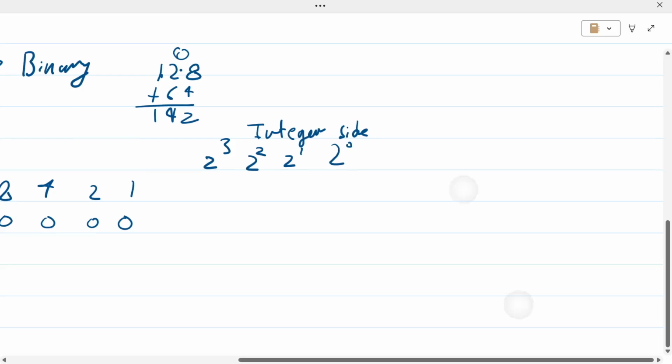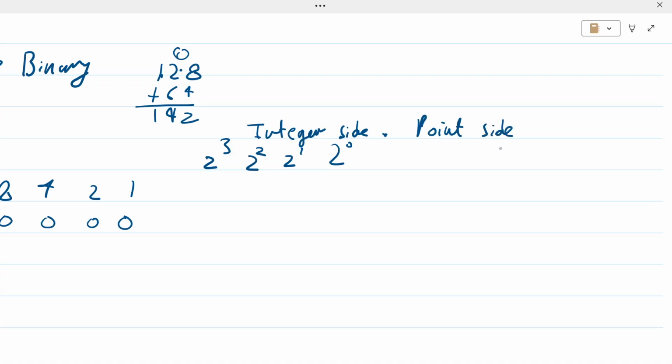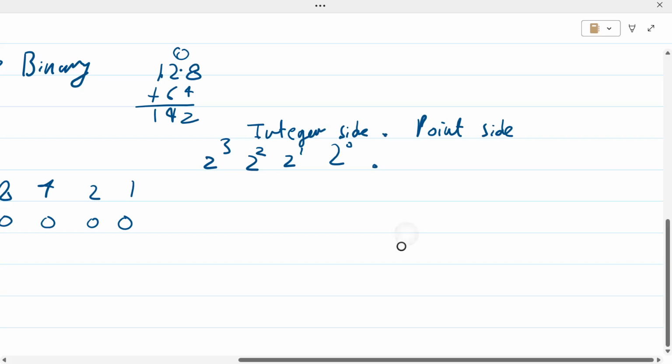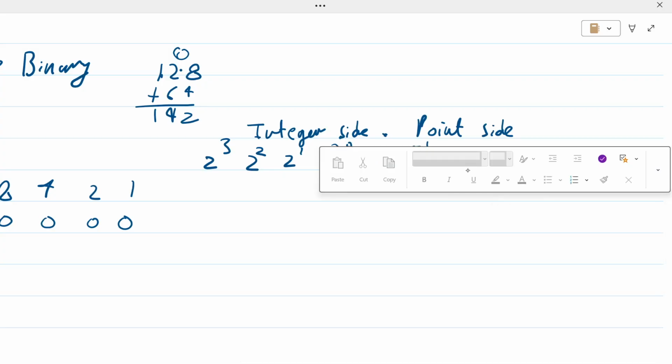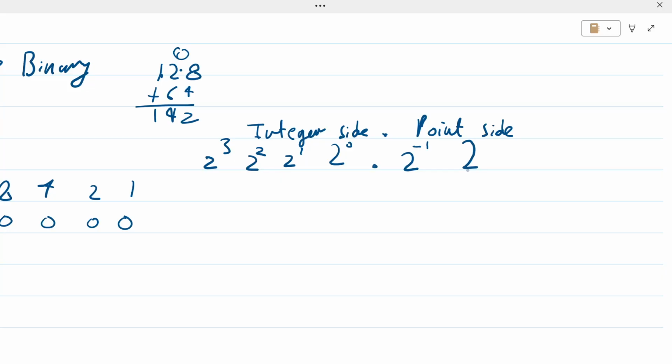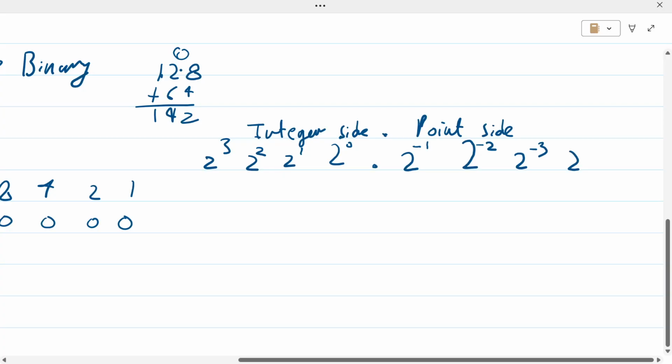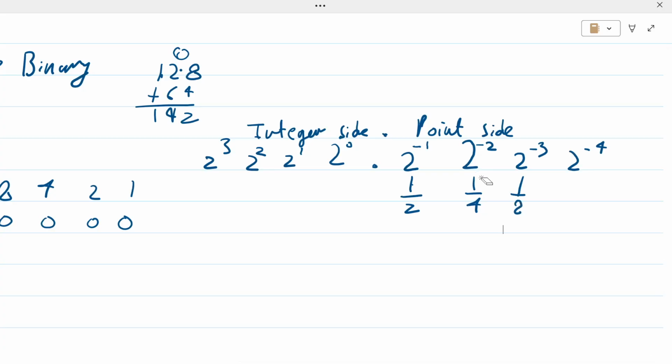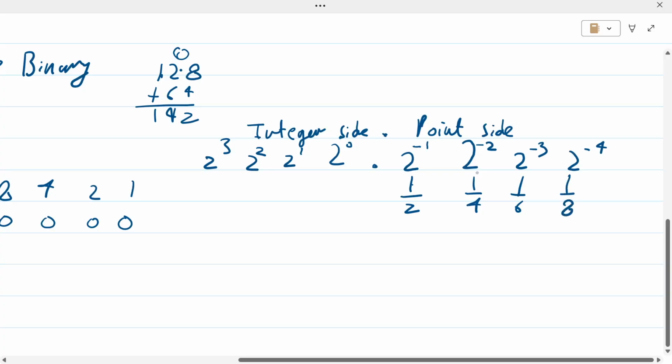On the decimal side, on the point side, it's written this way: 2 raised to the power negative 1, 2 raised to the power negative 2, 2 raised to the power negative 3, 2 raised to the power negative 4. This is how it has been done. Or in other words, you can also write it this way: 1 over 2, 1 over 4, 1 over 8.